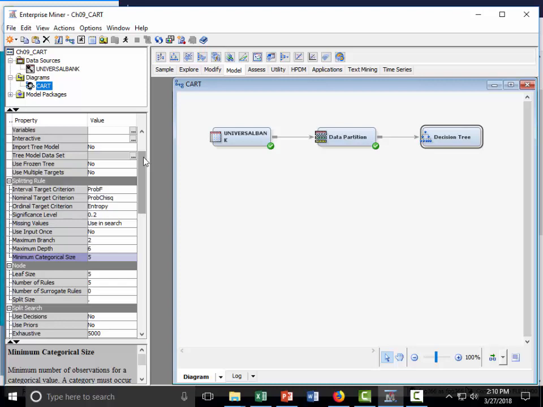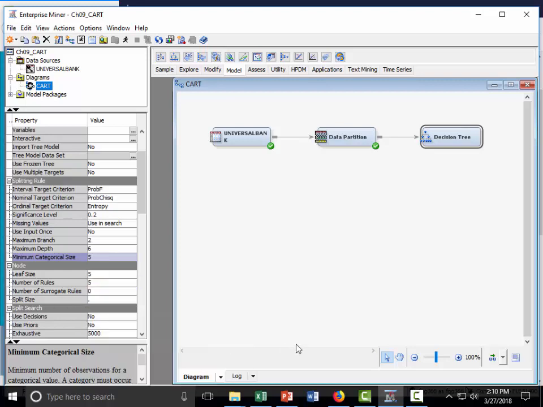The maximum depth is again top-down pruning, since you're limiting how far down you want to go. Use simple maximum category size. These are top-down pruning, and then we will look at bottom-up pruning. We'll look at that in just a second.